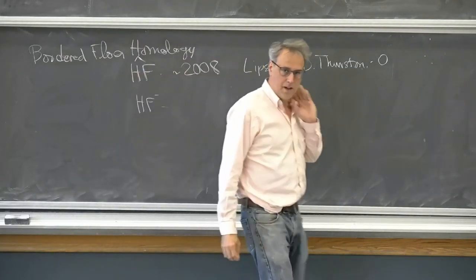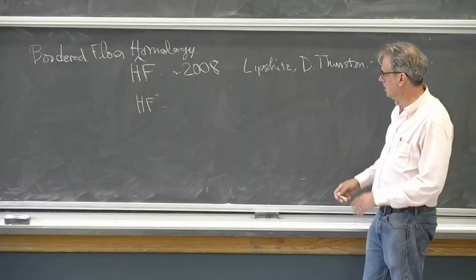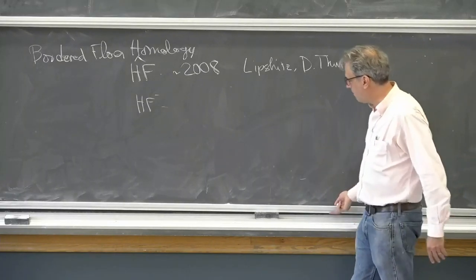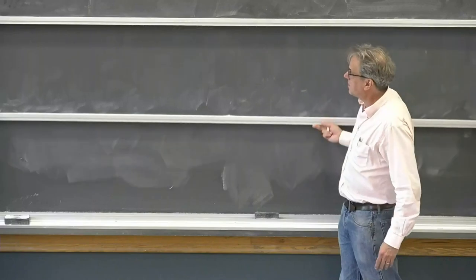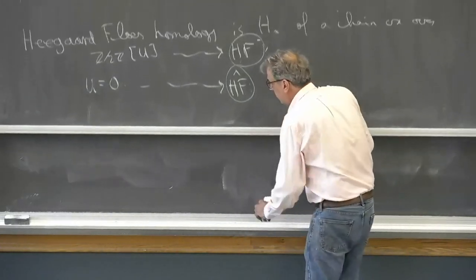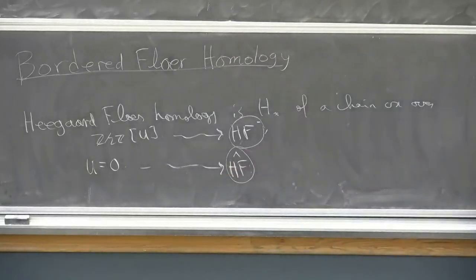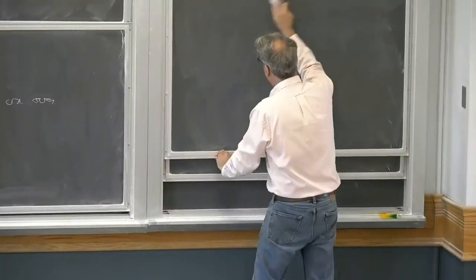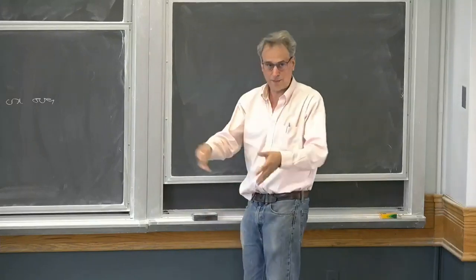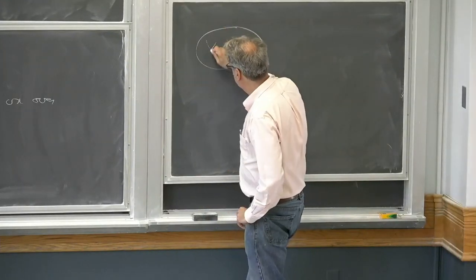Let me come back to that, and let me give you the outlines of what the story is. We want a way of constructing, so what happens if you decompose a three-manifold?